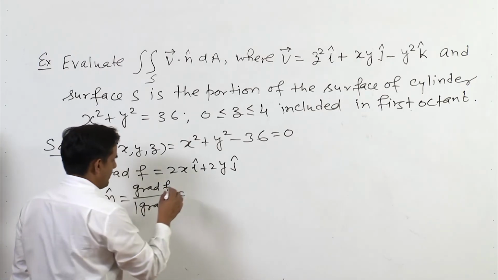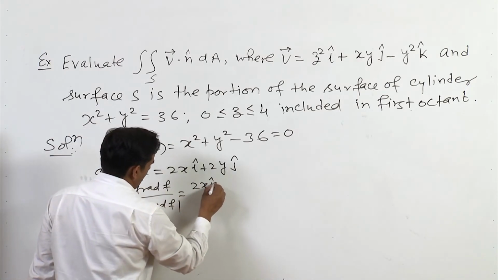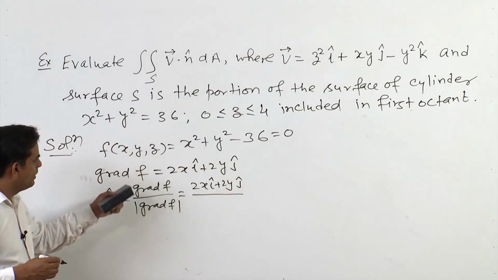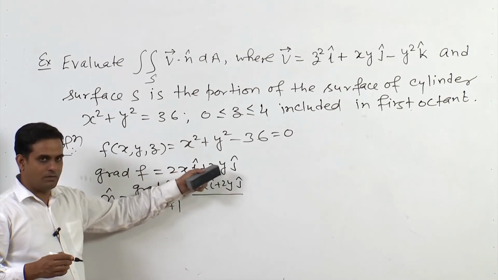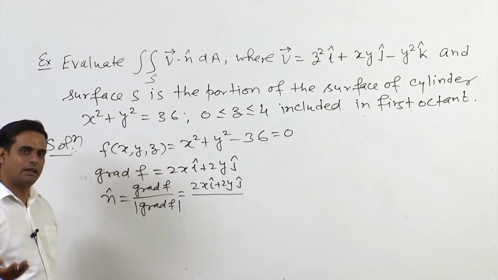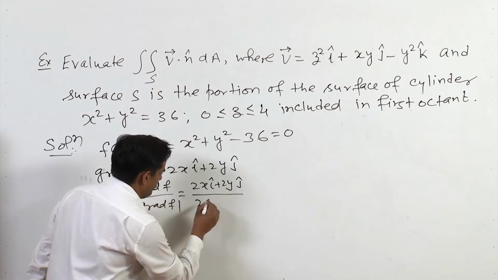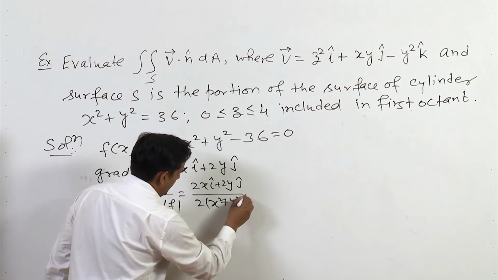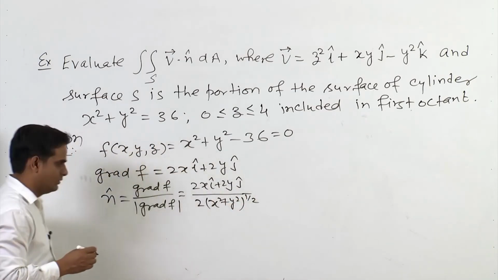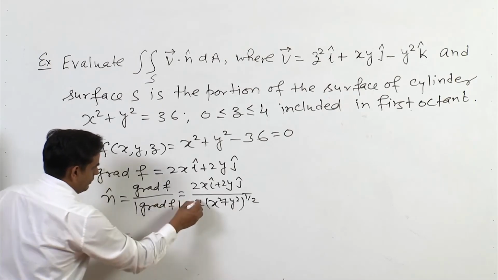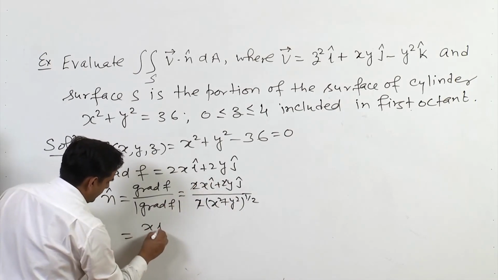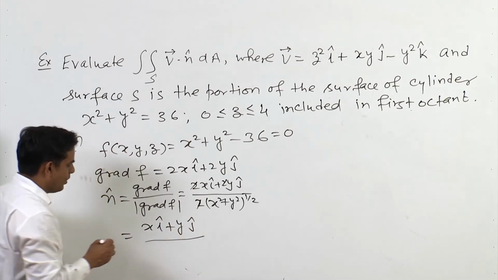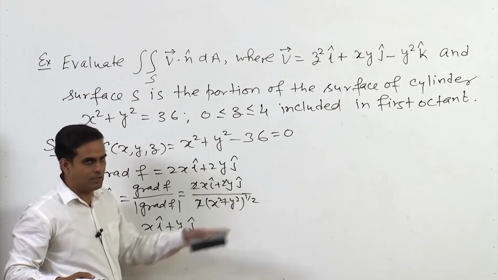So this will become 2xi plus 2yj, and the magnitude of this will become square root of 4x² plus 4y². So I can take 2 out: 2 into (x² + y²) raised to power 1/2. So the 2 will cancel out, and it is xi plus yj upon square root of x² + y².